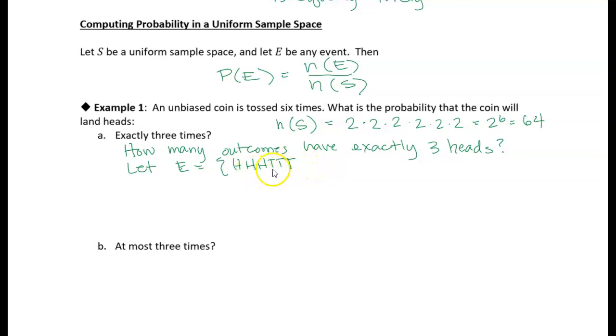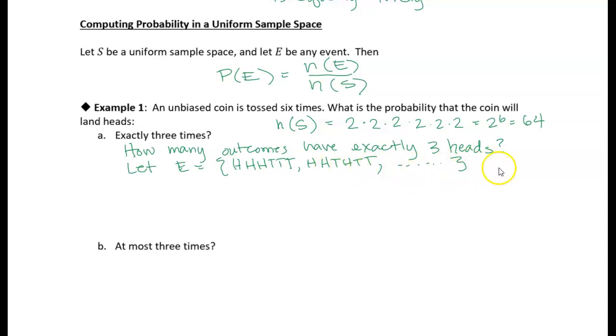That's one way, H, H, H, T, T, T. We could get heads on the first 2 tosses, and then the tails, and then another heads, and a couple more tails, or any number of ways, right? That could just go on and on. But we don't have to list it all out in roster notation, we want to know how many elements are in that event, okay?